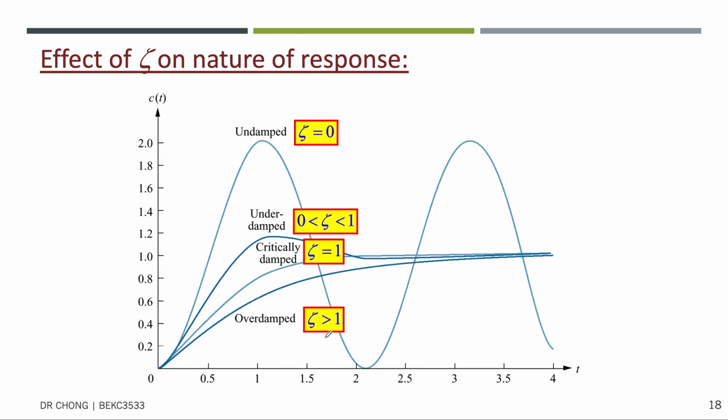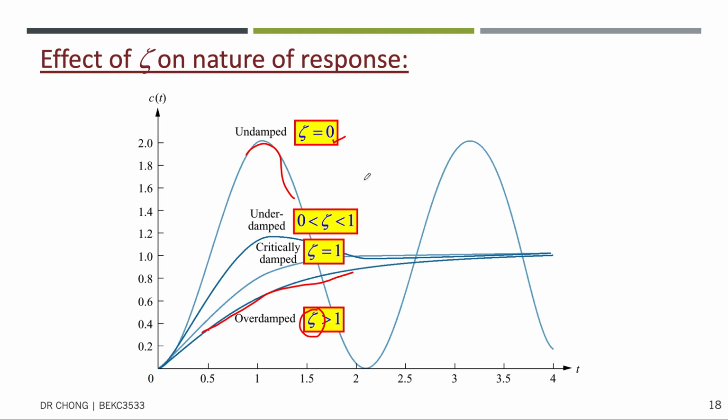This slide will show you the responses with different damping characteristics, where the zeta is very small, you see very high oscillation, to the overdamped, when the zeta is more than 1, the system actually moves slower, as you can see. In other words, when zeta is small, the system oscillates much.